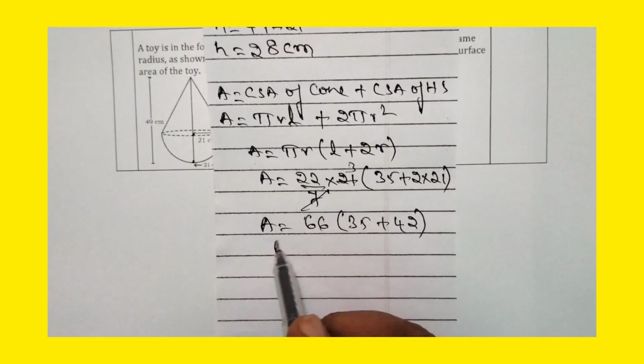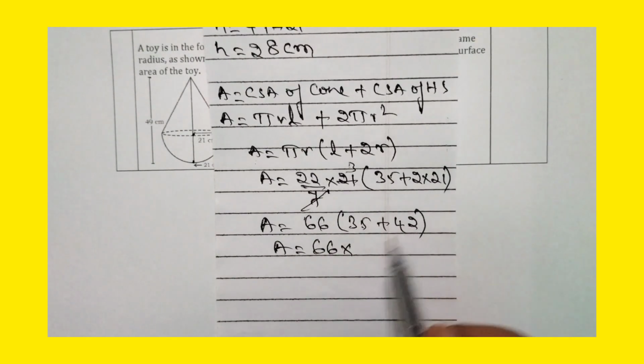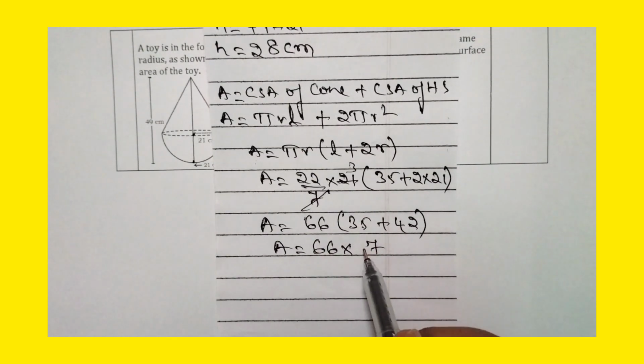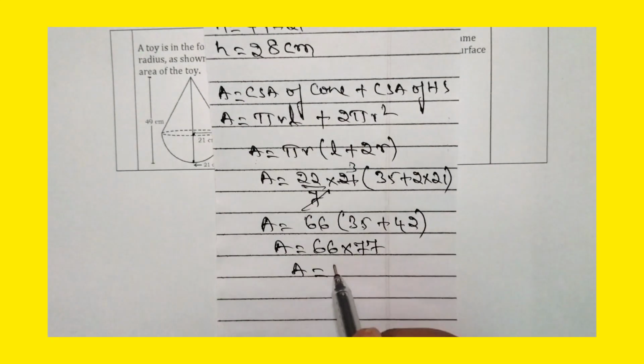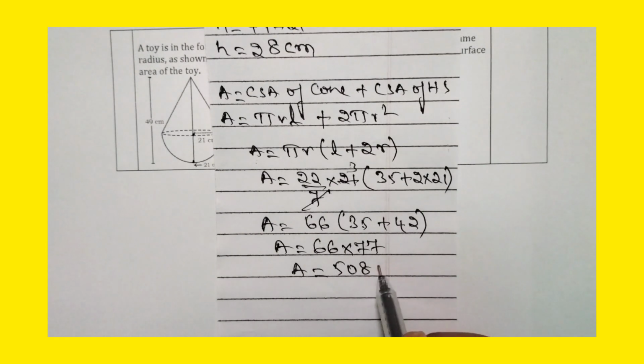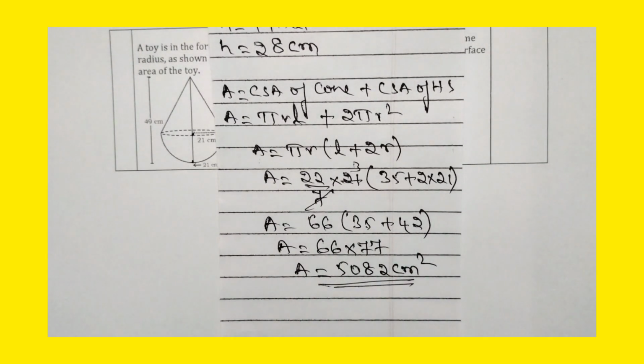So total surface area is equal to 66 into, add 5 plus 2 is 7 and 3 plus 4 is 7. It will become 77. So the surface area of the toy is equal to, now multiply 66 and 77. If you multiply these two, 5082 centimeter square is the surface area of the toy.